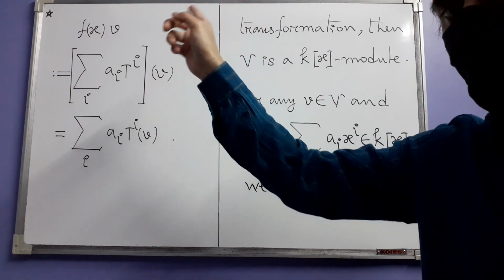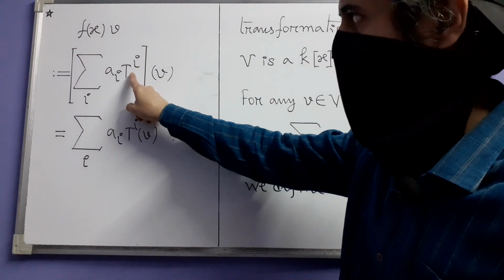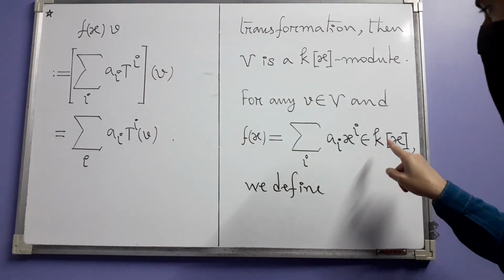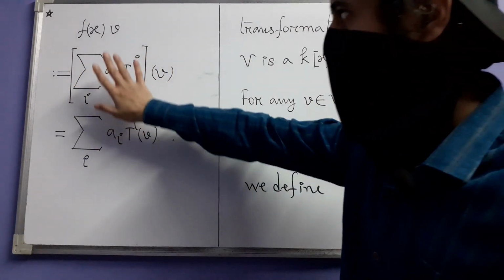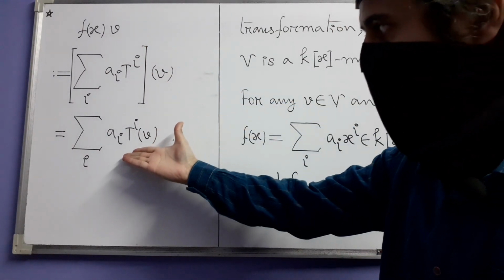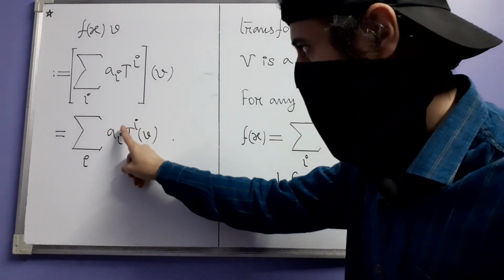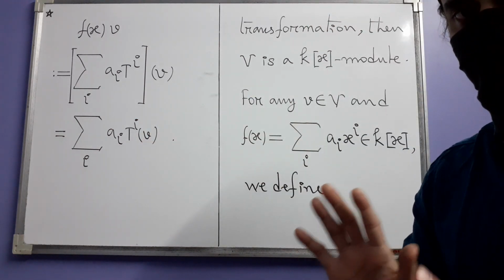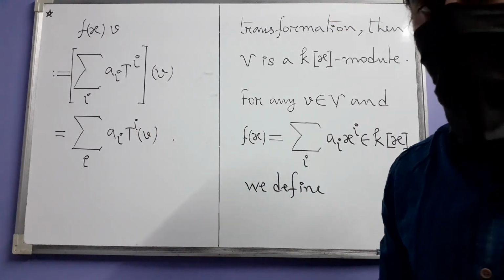This T is that linear transformation. So this linear combination of powers of T, where the scalars of course come from the field K, is itself a linear transformation that we have applied on v, which itself means this. This is a linear combination as well of these vectors. T to the power i of v is a vector in our vector space capital V, where you do understand what this ith power of T means.